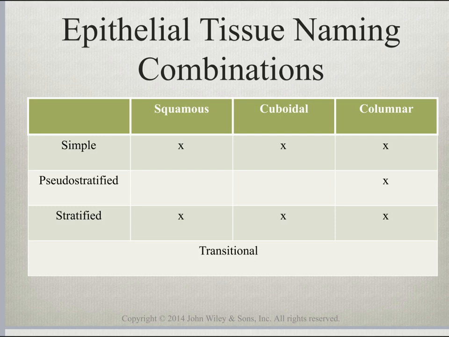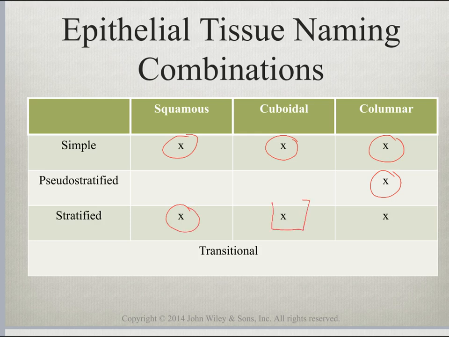Let's summarize all the epithelial tissue and possible naming combinations, especially what you're going to see in lab. Okay? So, like we did on our first slide drawing our lines, you will be required to know simple squamous, its location, identify it, simple cuboidal, its location, and identify it, simple columnar, its location, and identify it, pseudostratified columnar, its location, and be able to identify it histologically, stratified squamous, keratinized, and non-keratinized.